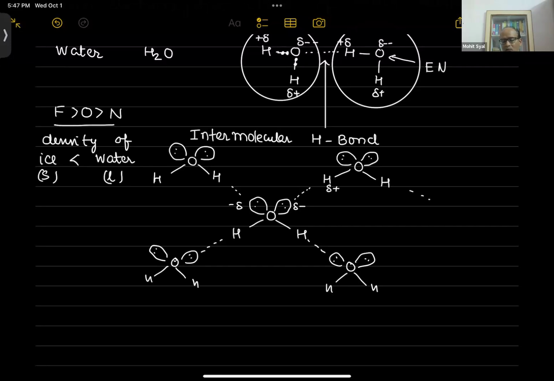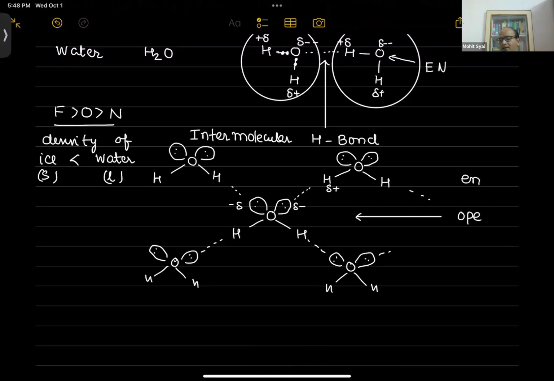But that leads to a lot of empty space. In liquid, they keep moving, they fill that space. But in ice, there is a lot of empty space. Is that clear? So it is called open.